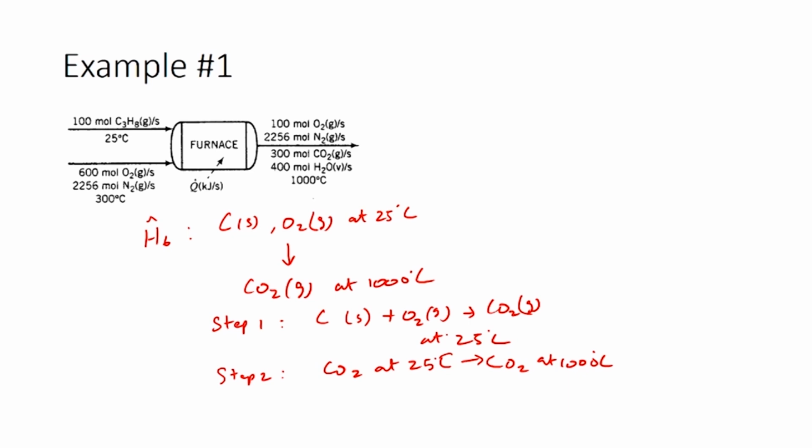The second step would be integral Cp dT, or you can get that value from the enthalpy table or the combustion tables. So, H6 cap would be equal to delta HF cap for carbon dioxide plus, we will just call it HA cap, where HA cap is nothing but heating of carbon dioxide from 25 to 1000. You can get these values from the tables and you would end up with H6 cap as minus 344.9 kilojoules per mole.